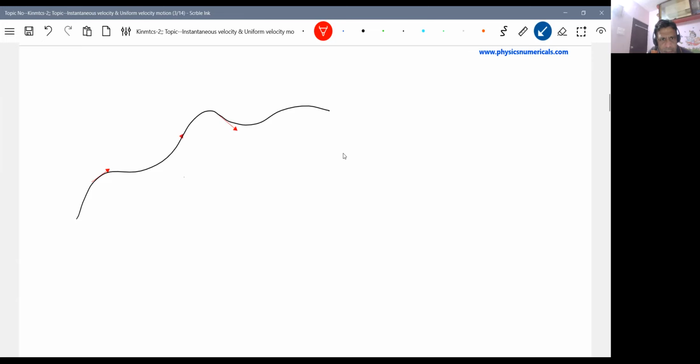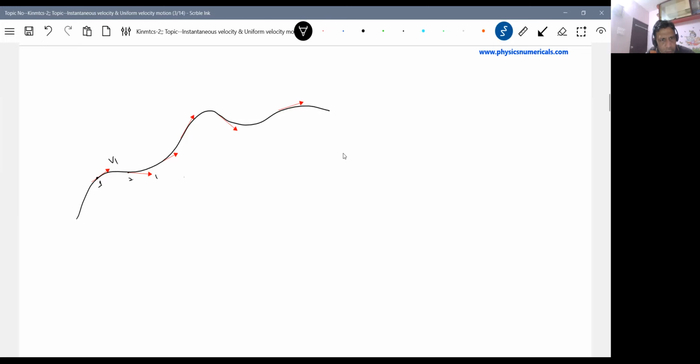Able to understand? So for that, what you should do is draw a tangent. That's all. Nothing else is there. If you just draw a tangent, this will be the direction of the velocity at point 1. Let me define this at point 1, V1.